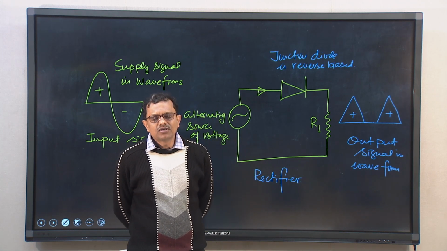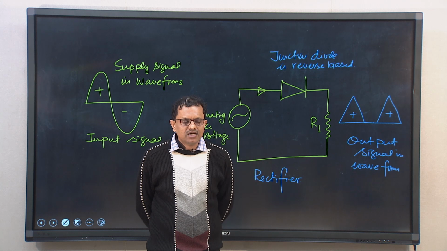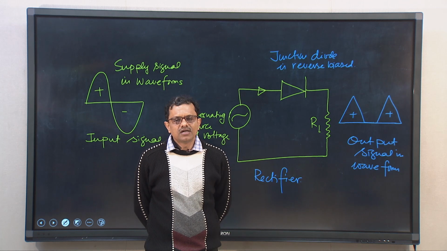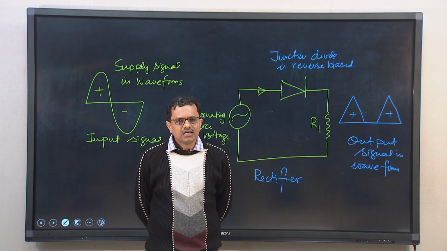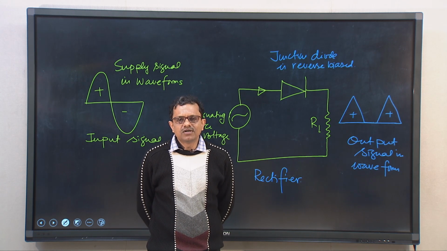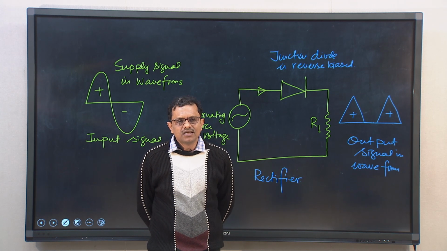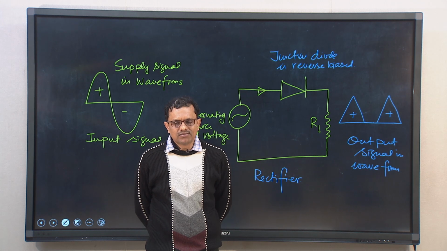Let us discuss transistors. You know that in our previous class we discussed that diode and transistor are two important semiconductor devices, and these two devices have huge application in modern electronic systems.